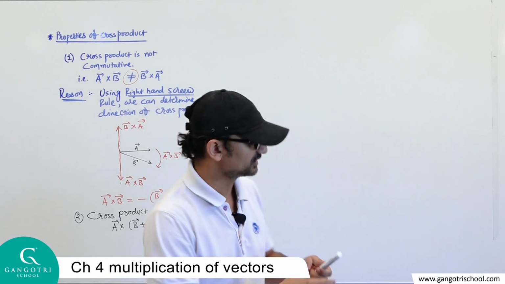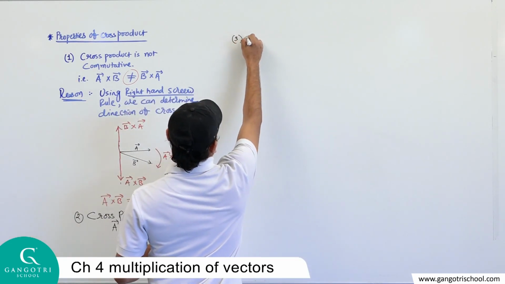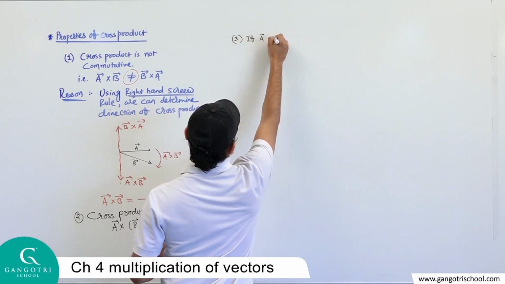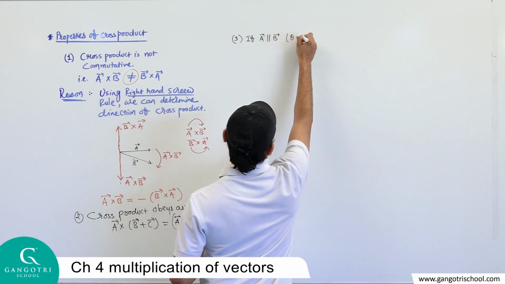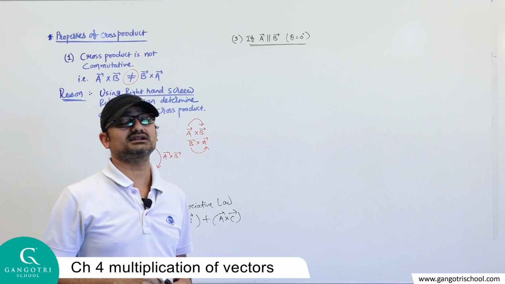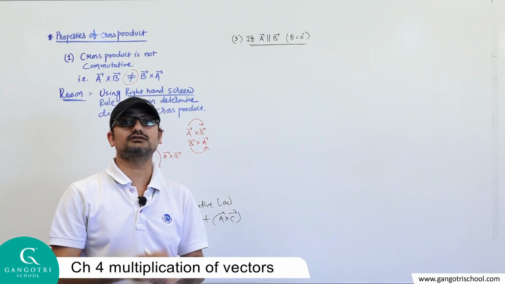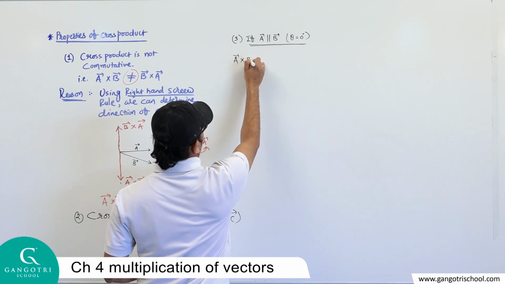Now property number three. Let's assume that two vectors A and B are parallel. Parallel means the angle between them is 0 degrees. So let's check, if two vectors are parallel, then what will be their cross product? We already know the equation of cross product.